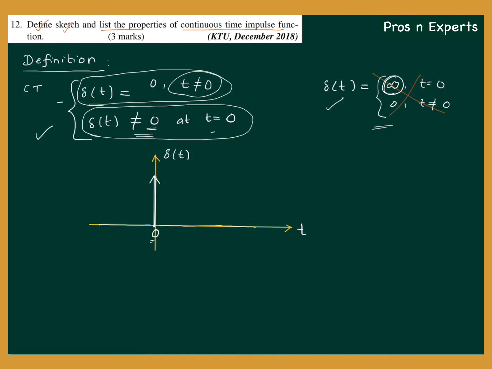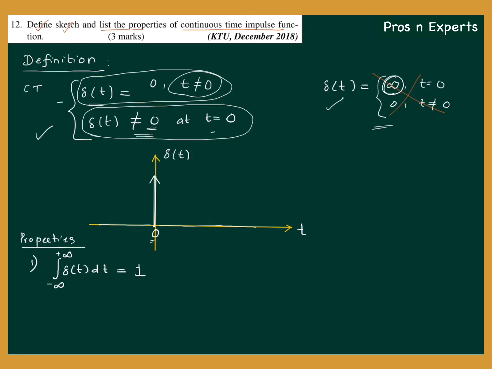And now the next part is to list the properties of the continuous time impulse function. First property: the integral over minus infinity to plus infinity of del of t dt will give you 1. You have to understand the implications of this statement.